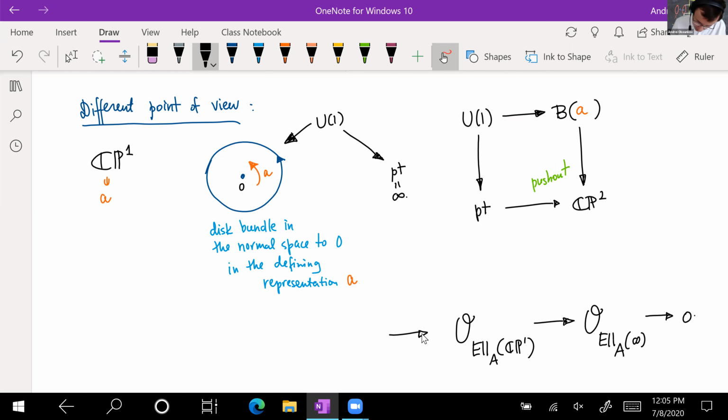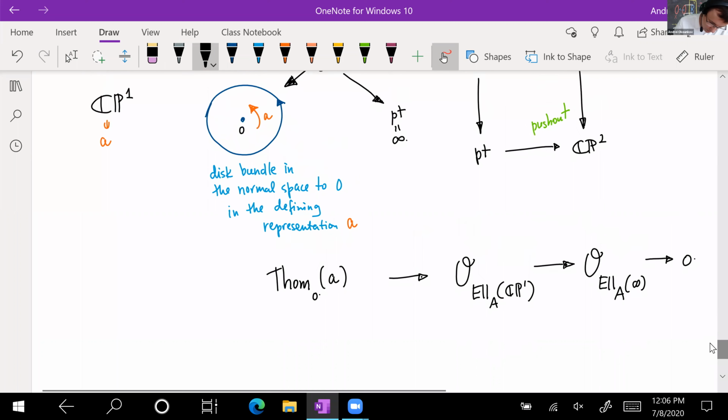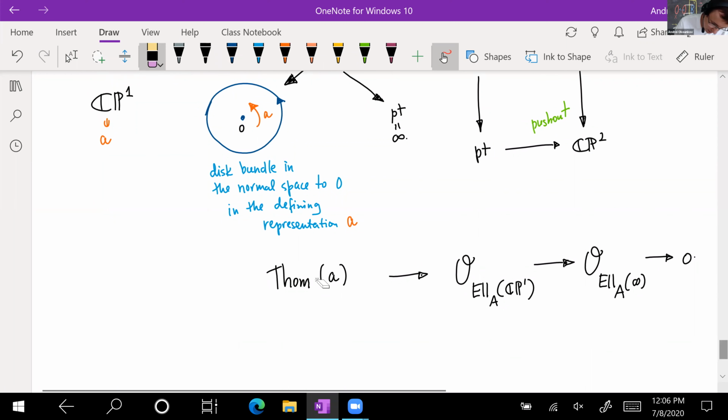In this diagram, I can concentrate on this part. What would be the kernel? The kernel would be the Thom sheaf of the defining representation, so to speak, over 0. This is kind of a vector bundle.